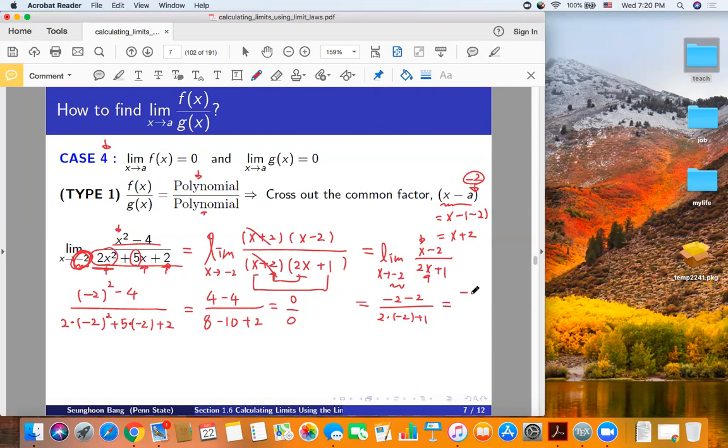The numerator is negative 4. The denominator is negative 4 plus 1, which is negative 3. The final answer is 4 over 3. This is the whole idea for solving this problem. Is it good?